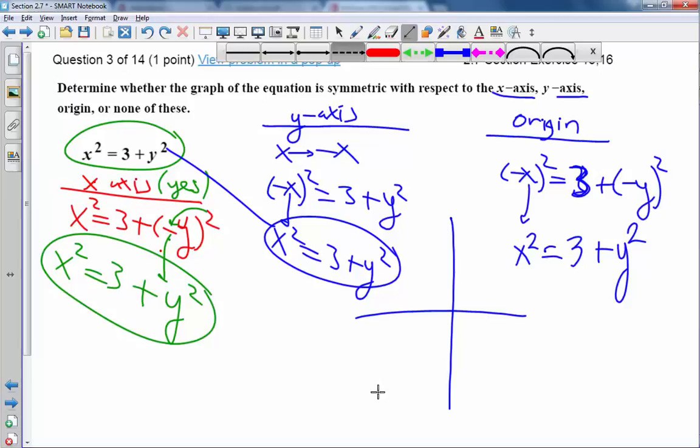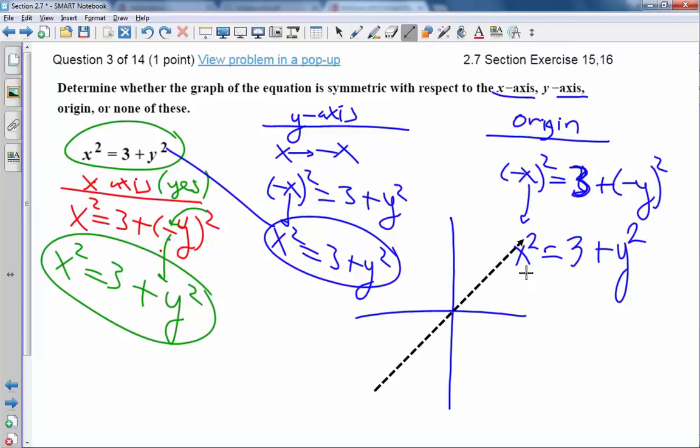What is this graph? Name of this graph is y equals x. Does this have x-axis symmetry? X-axis symmetry means you flip down and you get the same picture. Do you see it? Same picture above and underneath this? No, it has no x-axis symmetry. How about y-axis symmetry?